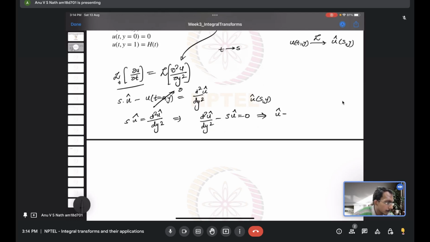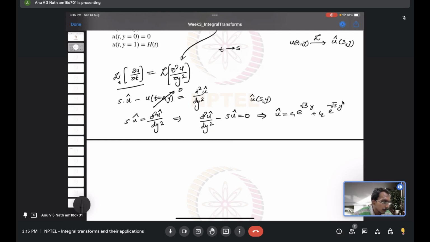So u cap will be, we can use a characteristic equation for this particular differential equation, and we will find the solution will be of the type exponentials. So like exponential of root s times y, and exponential of minus root s times y. It's a linear combination of these two, with the respective constants c1 and c2.